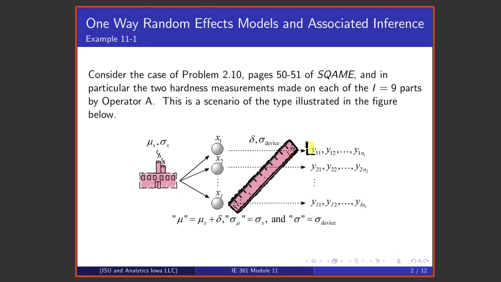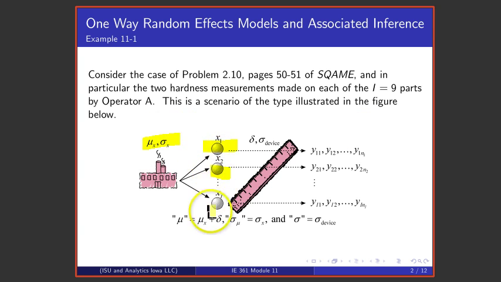an example that comes from pages 50 and 51 of the book by Vardaman and Job. In particular, what we're going to do is use data from problem 210 that has hardness measurements made on each of 9 parts by a particular operator, the first operator, operator A. This is a scenario of the type illustrated in a figure that says there's some process with a mean and a standard deviation that produces measurands.